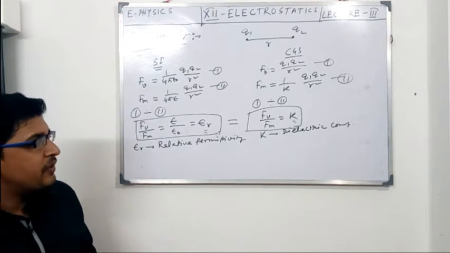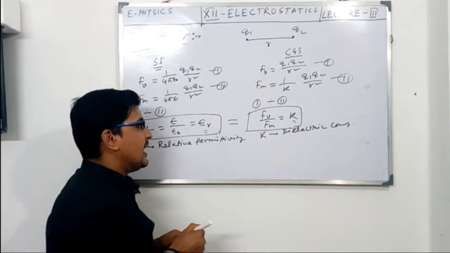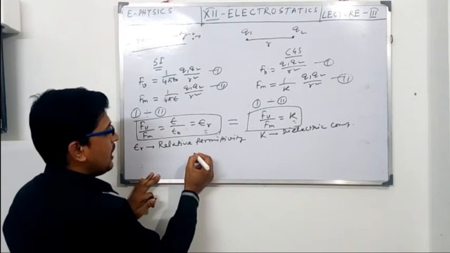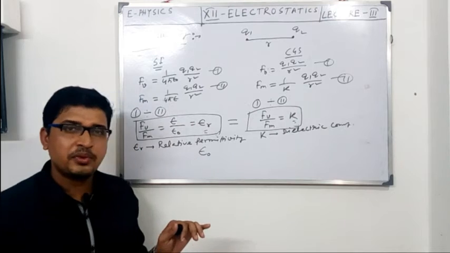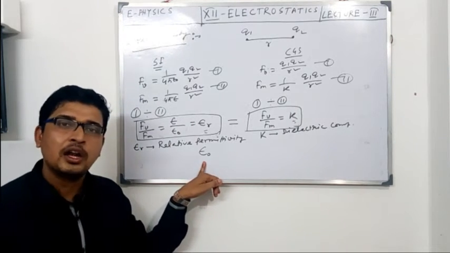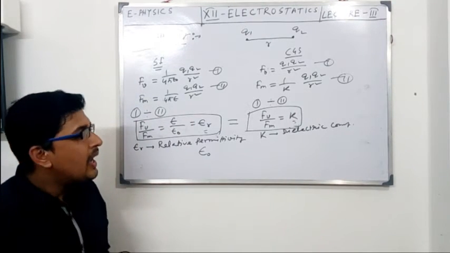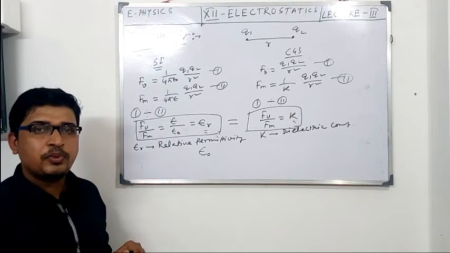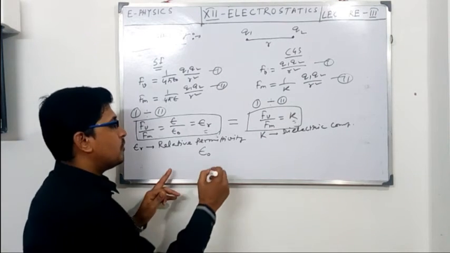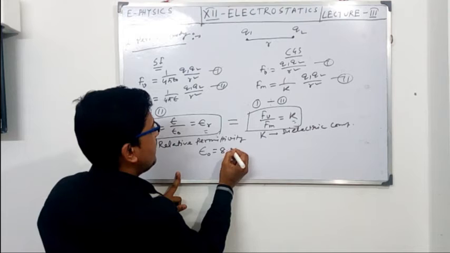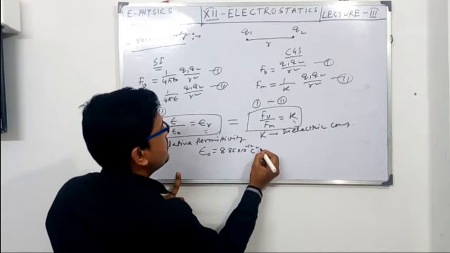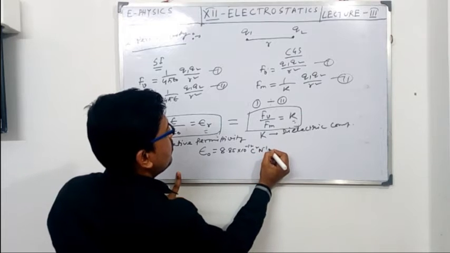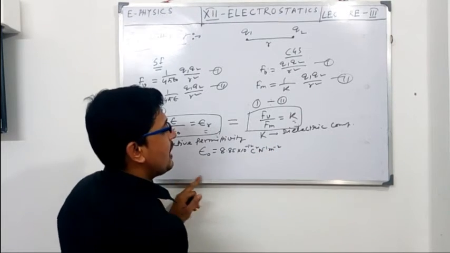So permittivity, this is the new quantity. So in our previous class we had also discussed that the free space में इसको हम लोग कैसे रिप्रेजेंट करते हैं? एप्सिलॉन नॉट टर्म्स, and it has a specific value, and we know that it has the value 8.85 into 10 to the power minus 12 coulomb square per newton per meter square.